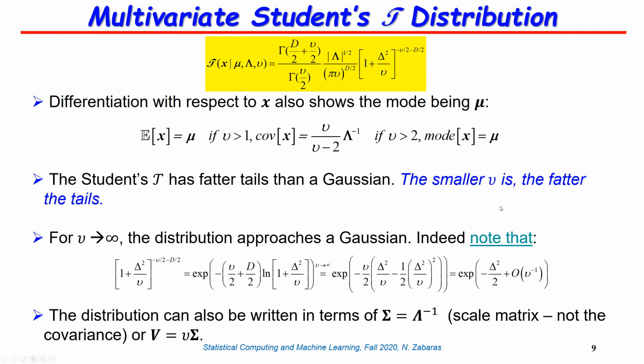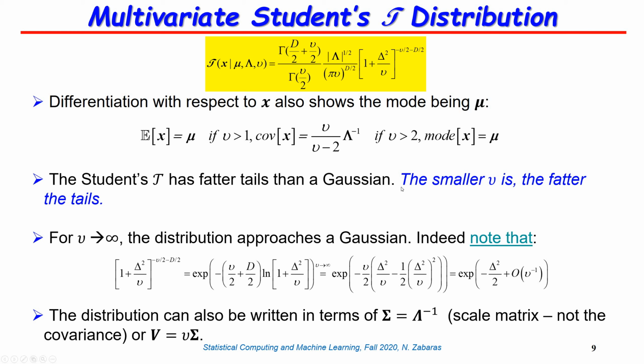And again, I remind you, we're interested in the Student's t-distribution because of the heavy tails, and the heavy tails have the implication that the distribution turns out to be robust to outliers.